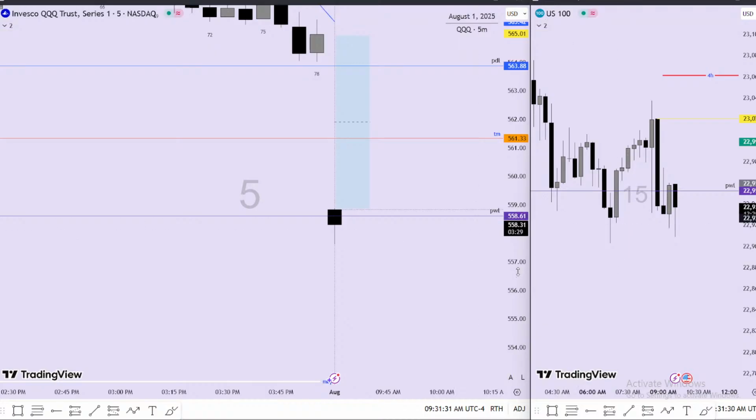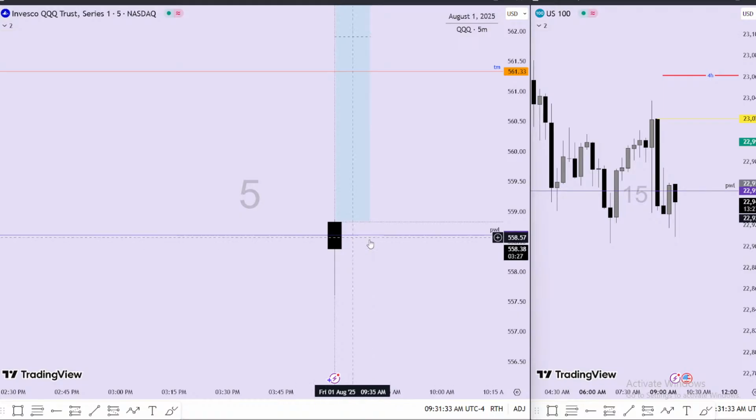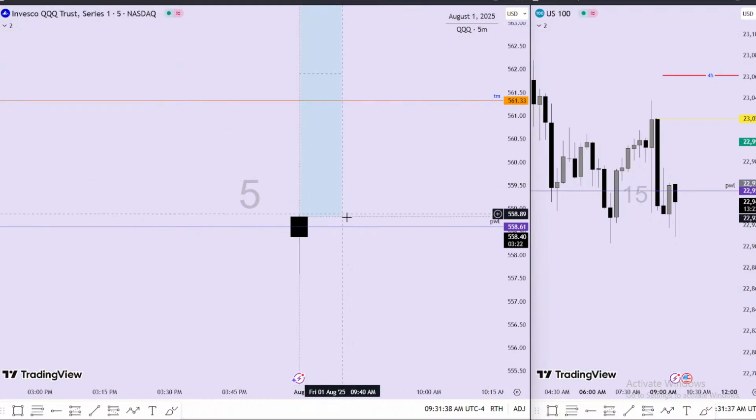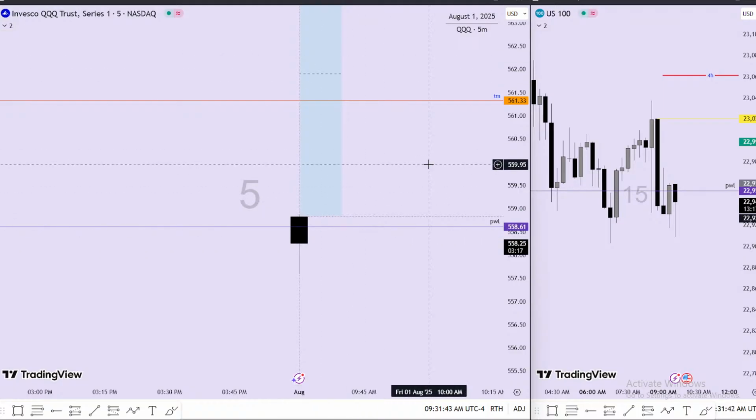Let's see if the first 5 minutes can close below or above the previous week's low. This can indicate whether the market is accepting or rejecting this gap.